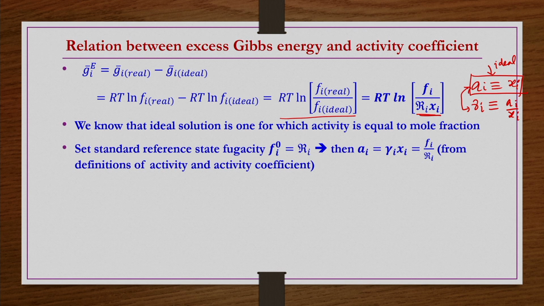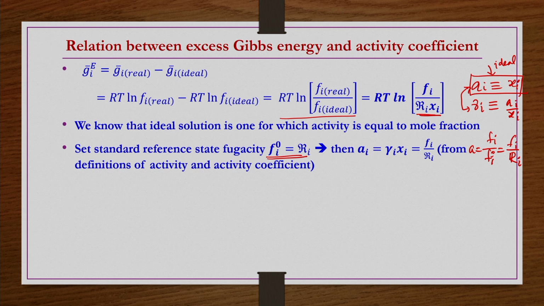Then if you set the standard reference state fugacity Fi naught as Ri, then Fi by Fi naught is nothing but Fi by Ri in this case. And this Fi by Fi naught definition is nothing but activity.